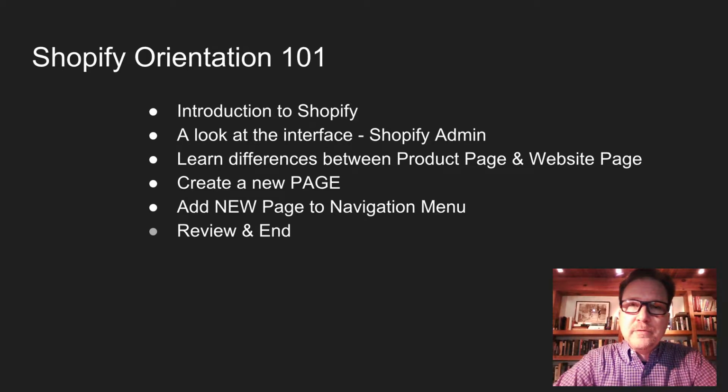They are two different types of pages on the website, and in order to alter or change one, you have to identify first if it is a product page that you are looking at or if it's a website page. And then we're actually going to jump in and create a new page, and we're going to publish that new page to our navigation menu. And then we're going to go back and review everything that we covered.